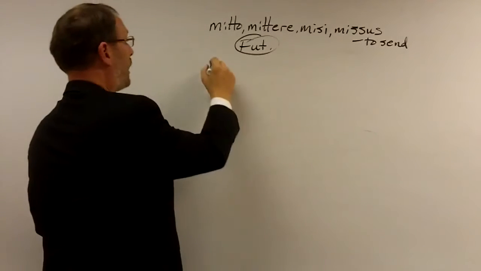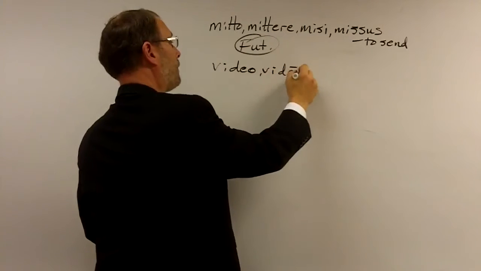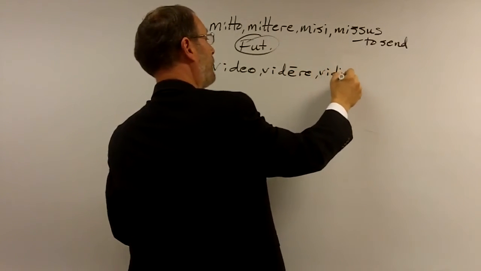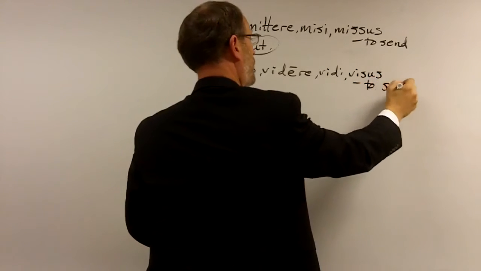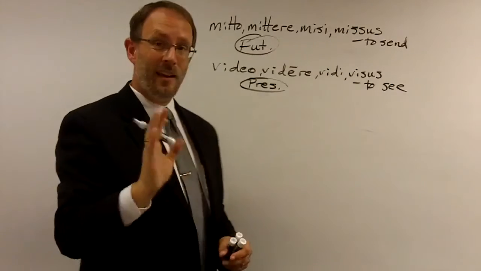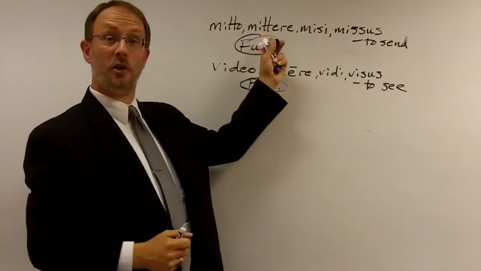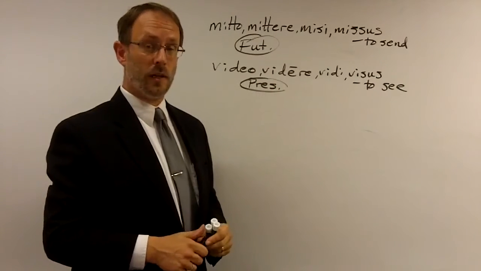Then I also want you to take video, videre, vidi, visus, to see, and conjugate it in the present tense. So we've got a third conjugation verb, because of the short E-R-E, to conjugate in the future tense.